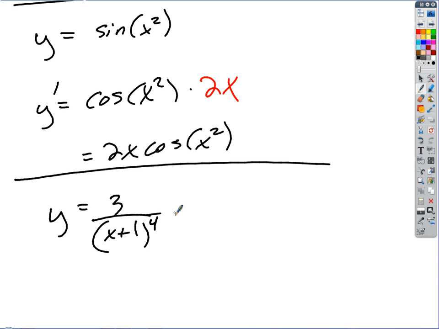Okay, so first step would be, say it again. Okay, we'll write it as a power, right? So we've got this 3 out front, and then we've got the quantity x plus 1 to the minus 4. Now let's be real specific about addressing this function here.